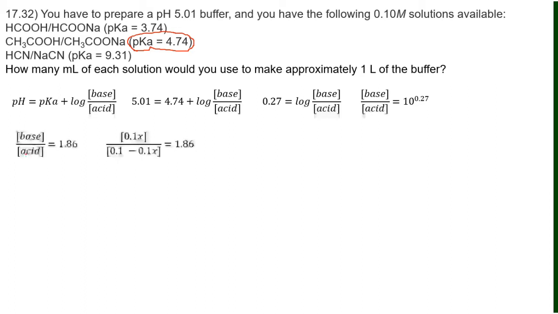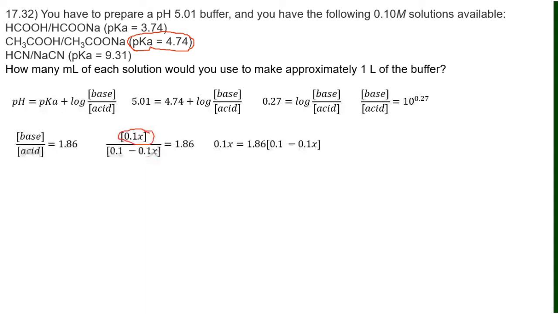And for the acid, to make up the remainder of that 0.1 molar solution, we're going to have 0.1 minus whatever we get from the base, so minus that 0.1 times x. The remaining concentration will have to come from the acid.